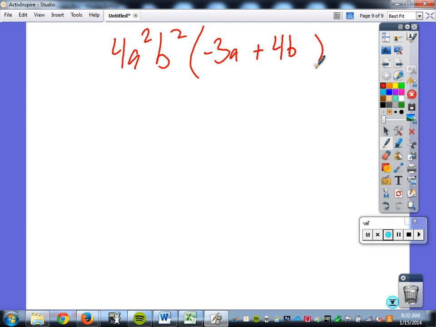What do I distribute through then? The 4a squared b squared. I don't distribute just like terms. I distribute everything. So I go, okay, I'm going to take this guy and multiply it by him, right? Because this is just like basically like this. You take him and go into both. And you take him and go into both. That makes sense, okay?